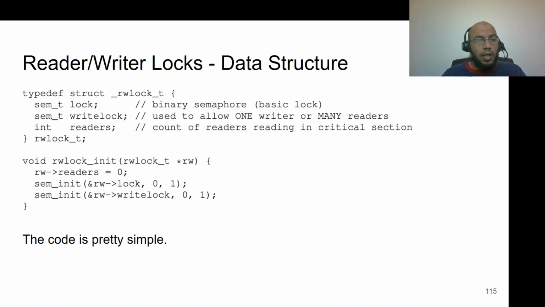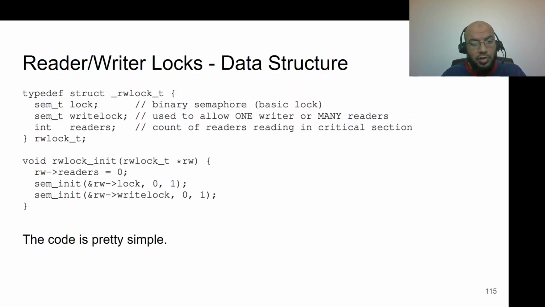When you initialize the lock, you initialize the number of readers to 0 in the beginning. No one is reading the data until the data is online. You initialize the general lock to 1 as the semaphore, with a max number of 1, and you initialize the write lock to 1 also.